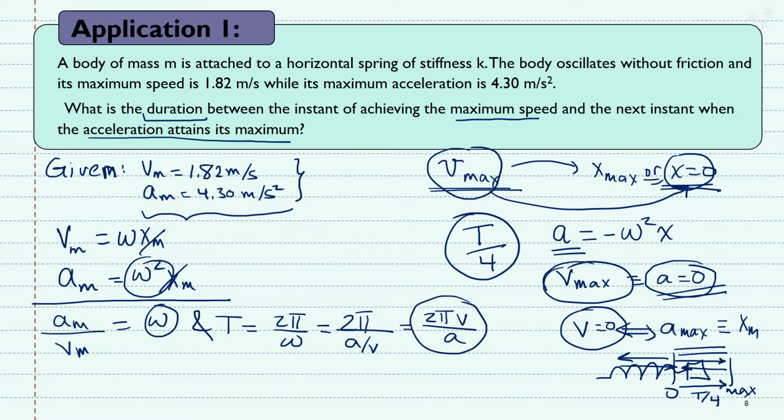This is the period. Now the duration that we need is T over 4.